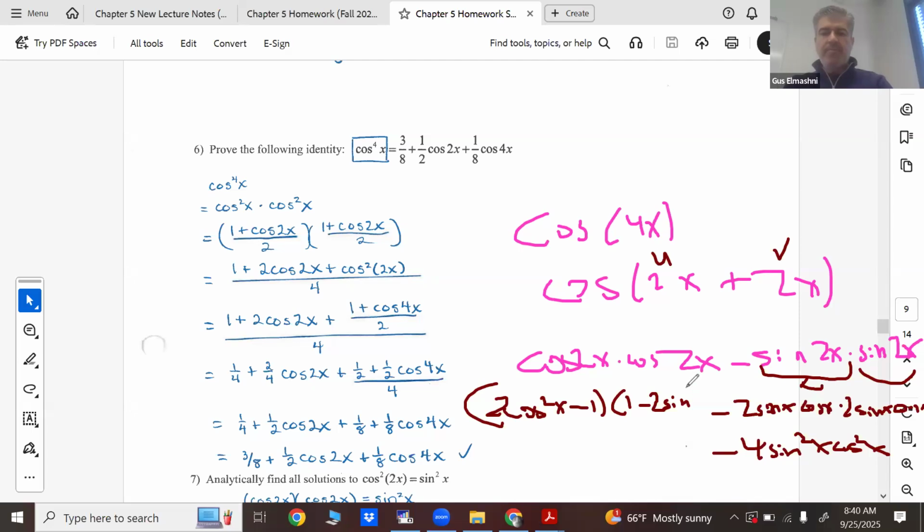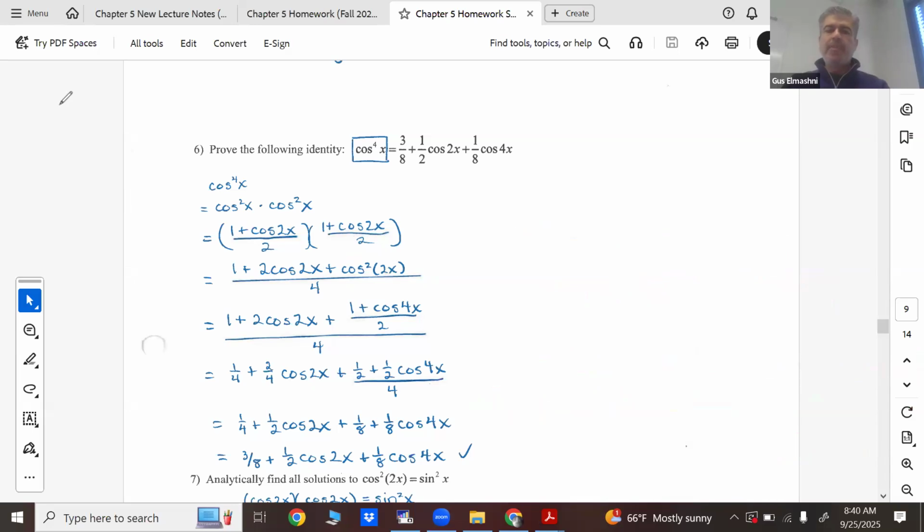Wait. I'm trying to prove why cosine 4x equals this. You know what? Let me come back to it later because it's in the notes. I'm messing it up. I'll come back to it later.